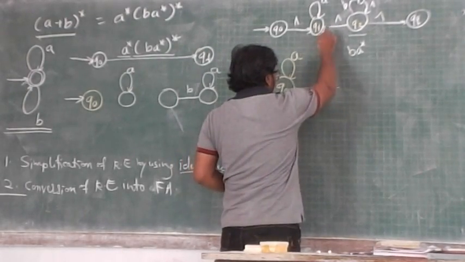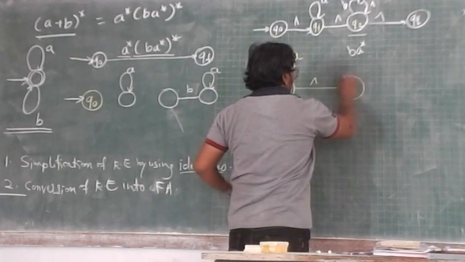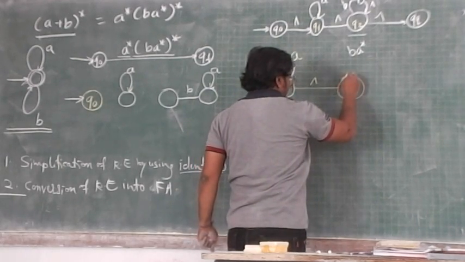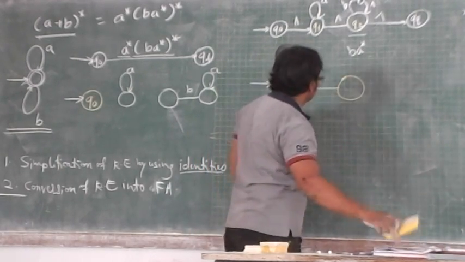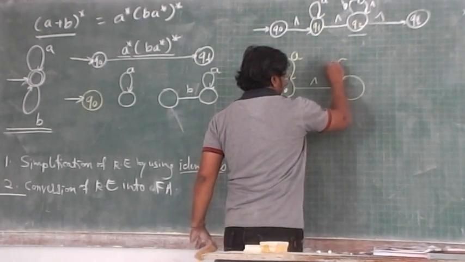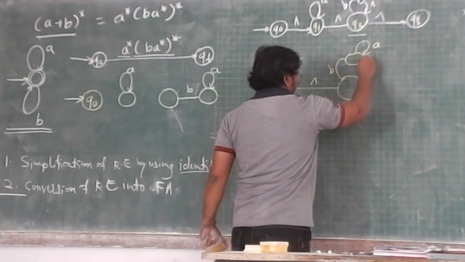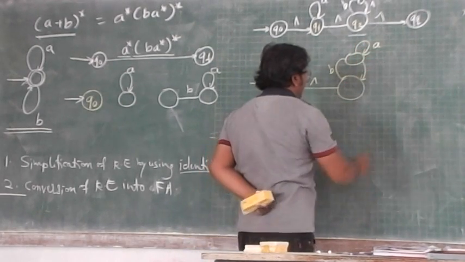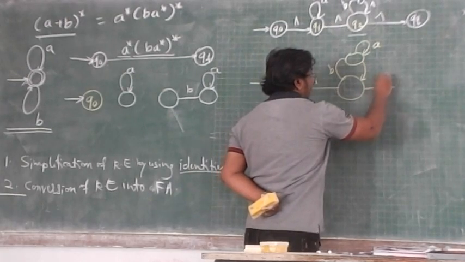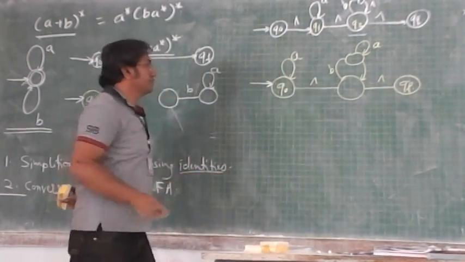So the next, this has been merged, this null is kept as it is. So here I am having B, A, null, and keeping it as it is.